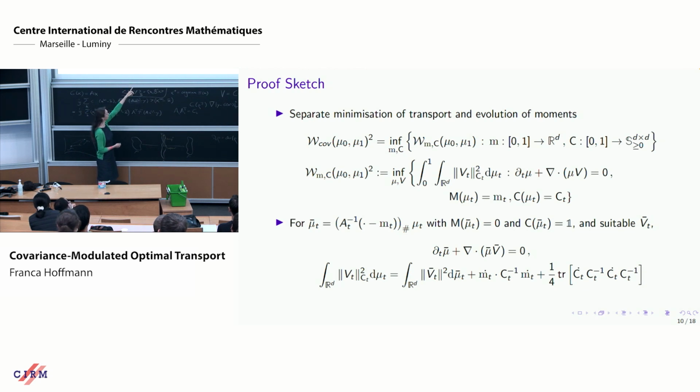And the mu bar is a normalized density. And it's the normalization with the specific choice of A. So this is where this connection comes from.